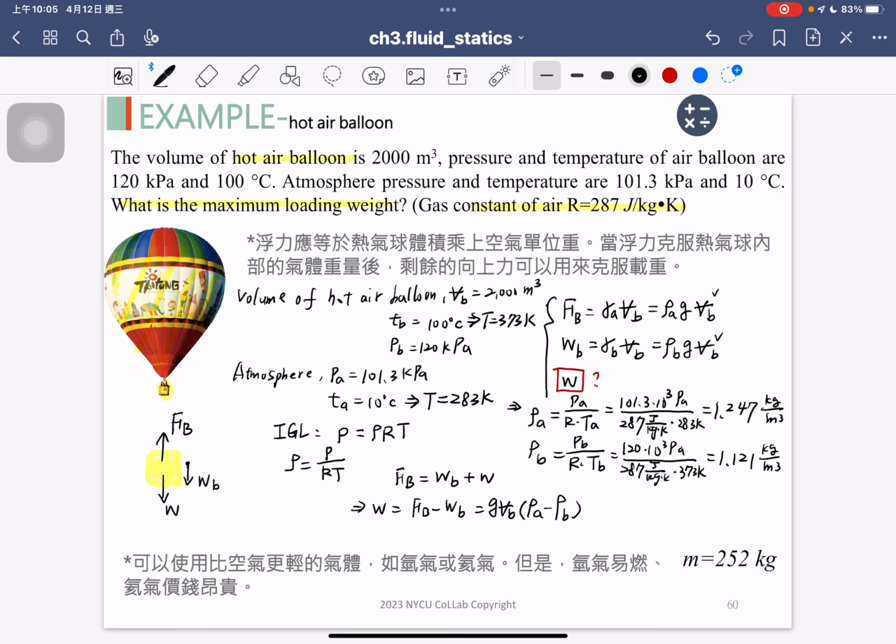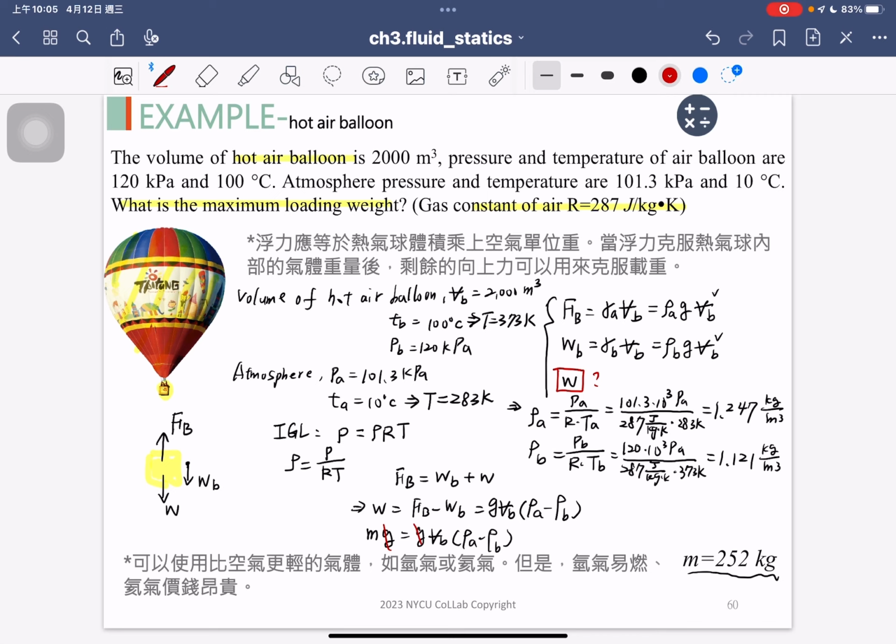The question requires us to answer the loading weight, and the final answer is the mass m. So we know that W can be rewritten as mg, and will equal g VB multiplied by the density difference. We cancel out g on both sides, so the mass is equal to VB multiplied by the density change.